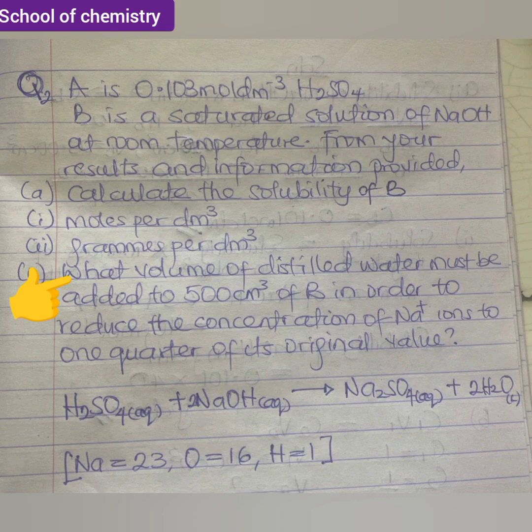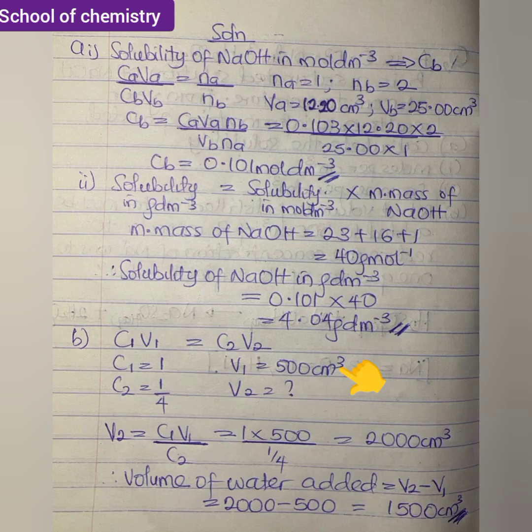That means the initial volume of B is 500 cm³, so V1 is 500 cm³. We are looking for V2 minus V1, to reduce the concentration of Na+ to 1/4 of its original value. It simply means that if my initial concentration is 1, my new concentration will be 1/4. That's where we derived that if C1 is 1, C2 will be 1/4, because our concentration has been reduced to 1/4.